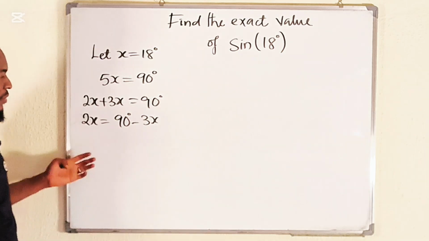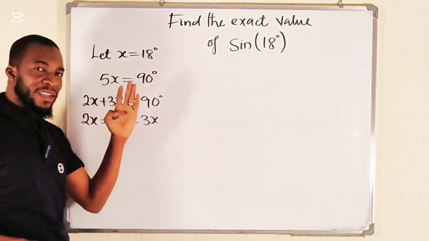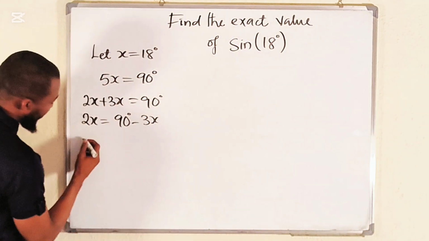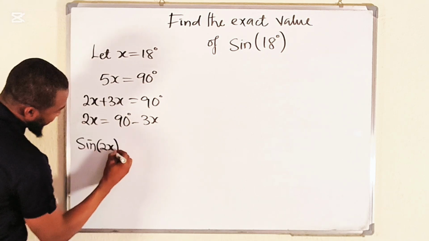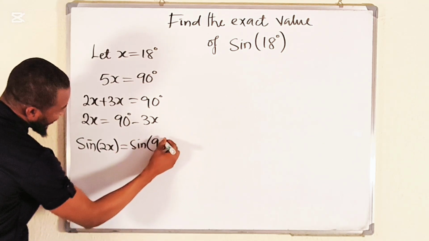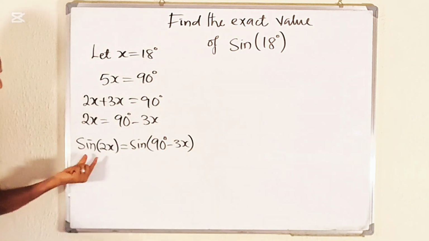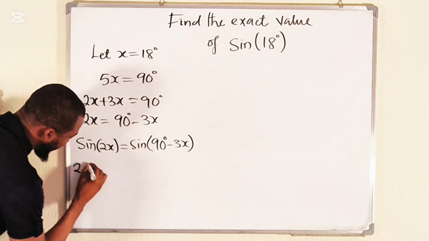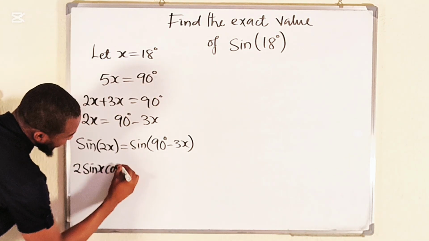So we can now find the sine of both sides. Remember, whatever you do to one side, you have to do to the other side to maintain the equivalency. So sine of 2x is now equal to sine of 90 degrees minus 3x. This is a double angle for sine, which can be written as 2 multiplied by sine x multiplied by cos x, right?